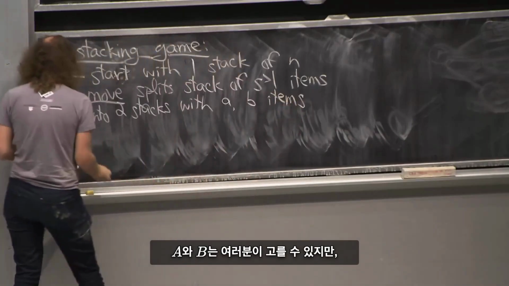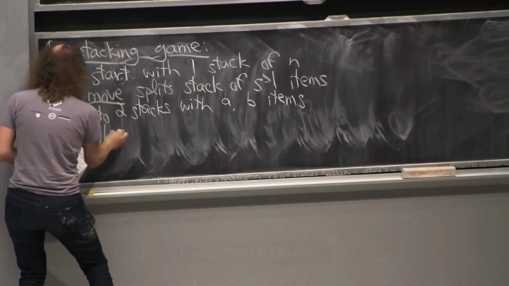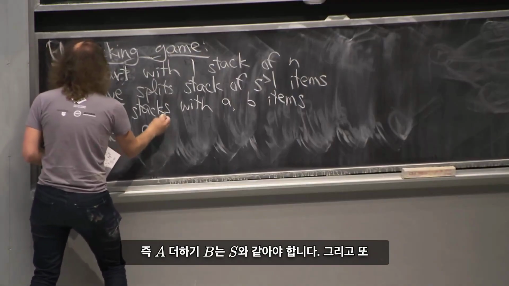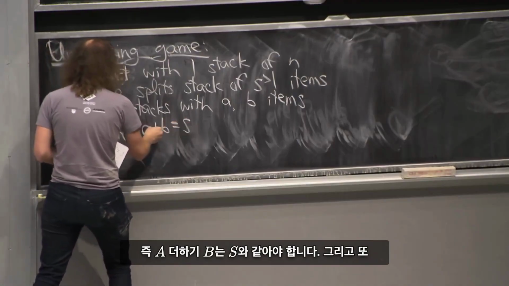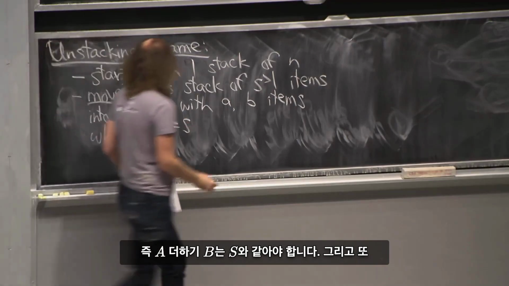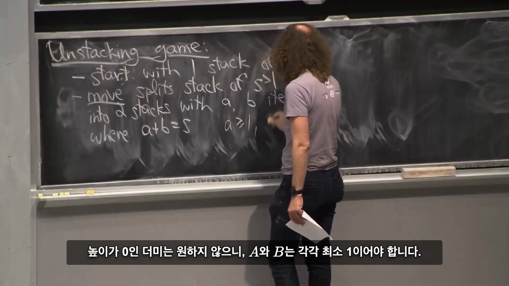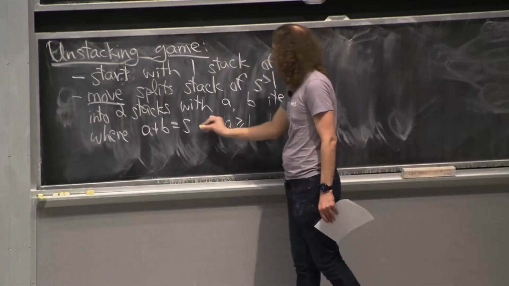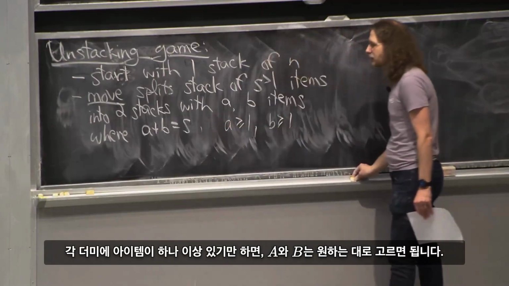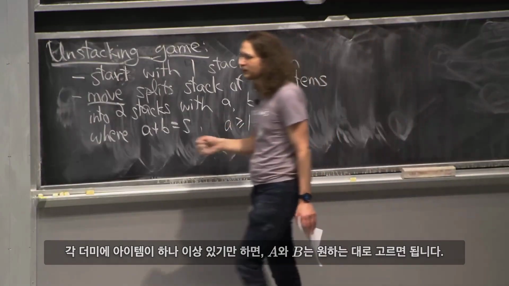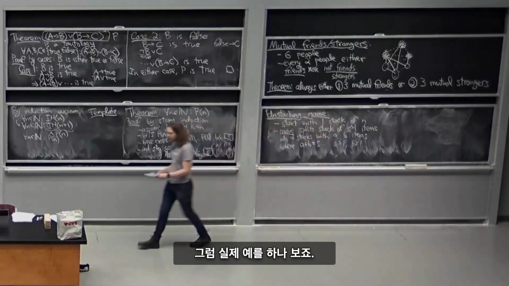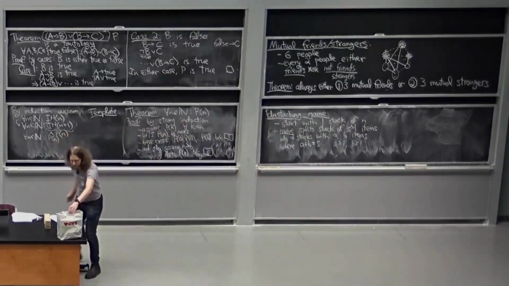And you get to choose these numbers A and B, but you need conservation. So A plus B has to equal s. And we also don't want zero height stacks, so we need A at least 1 and B at least 1. So you get to choose A and B however you want, so long as there's at least one item in each stack. So let's take a physical example.